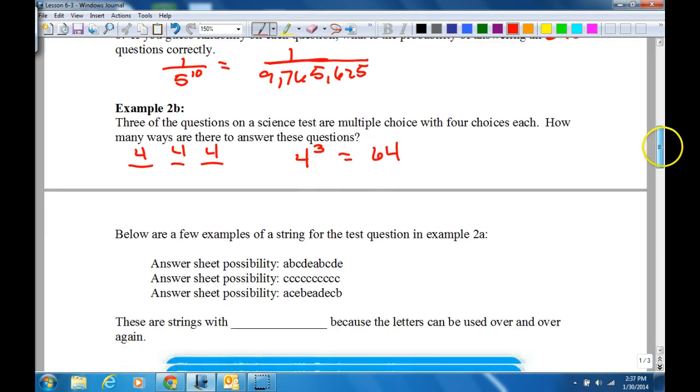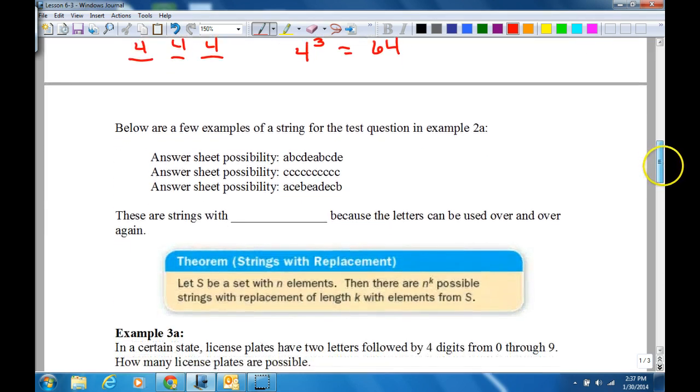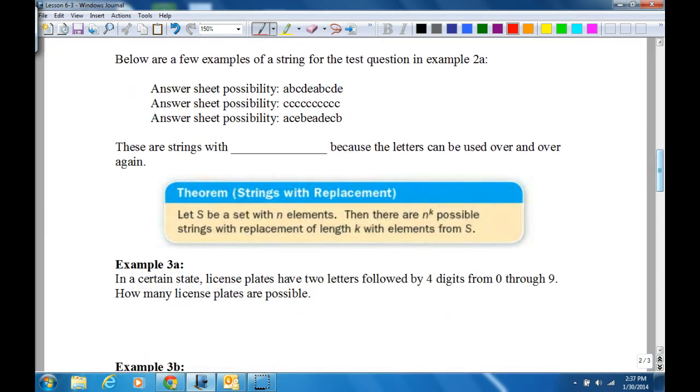All right. Below are a few examples of a string for the test question in example 2A. Okay? So how many answers are there? There's 10, isn't there? 1, 2, 3, 4, 5, 6, 7, 8, 9, 10. There's 10 questions with the possibilities.